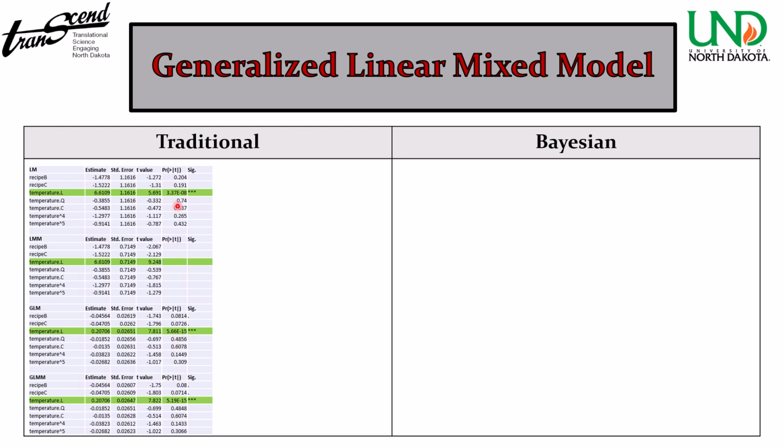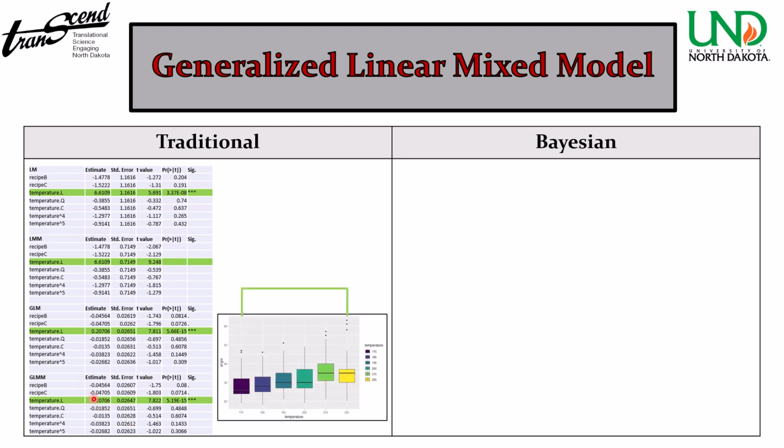Deciding which models you would actually use will go into something like model fit, which is sort of beyond what we're trying to do here. But in any case, it looks like the lowest temperature was significantly different from the highest temperature.